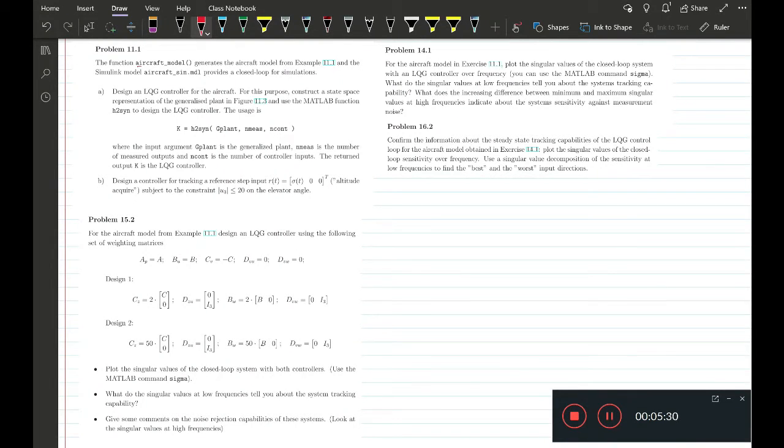So we're given the aircraft model that we just discussed, that's example 11.1, along with a Simulink file which also does the modeling, and then we are asked to design an LQG controller by using the h2syn command, which is really a command that gives us a controller that minimizes the h2 norm of the closed loop plant.